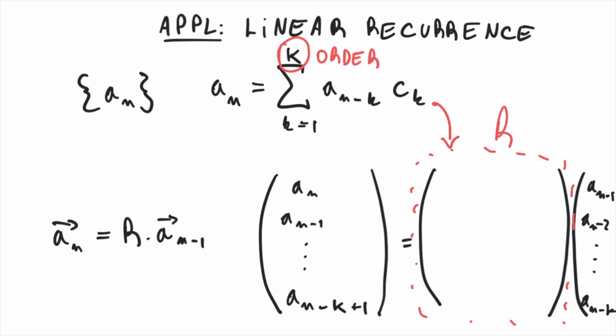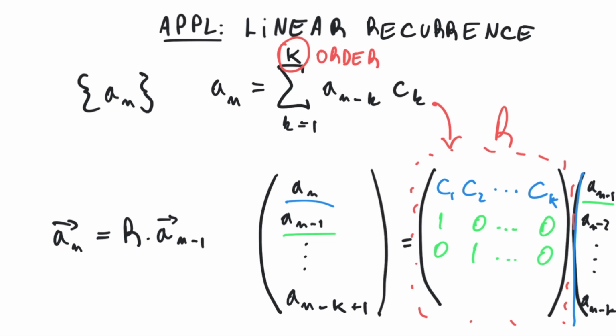Well, because an is the product of all these numbers times the c, what we need to do is put here c1, c2, and so on until cK. For the next rows, we can just copy a(n-1) from the first position in the column to the second, which is basically putting 1, 0, 0, 0, 0 up to the end, and so on from then onwards, right?